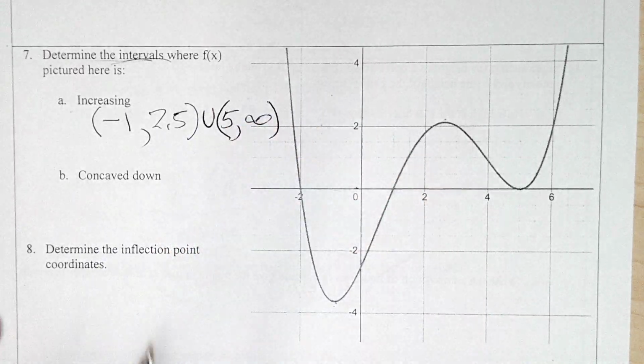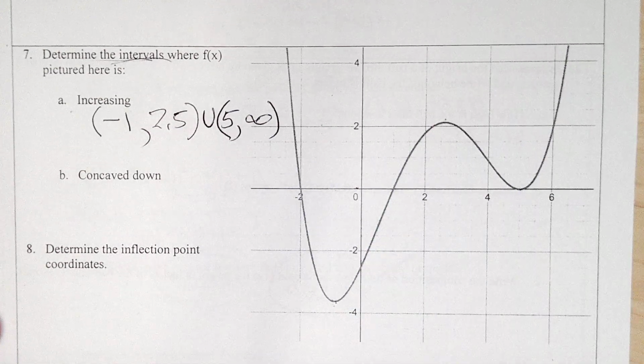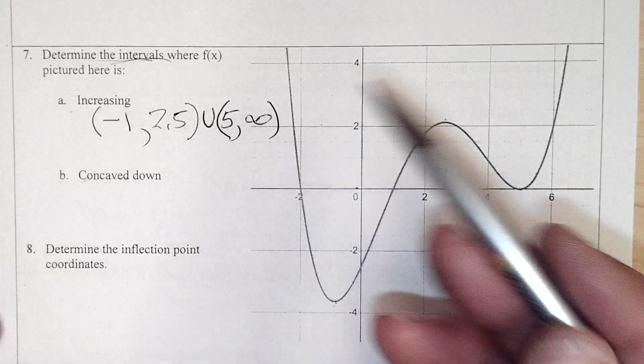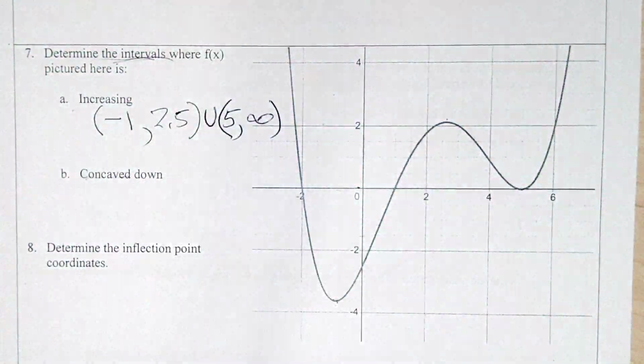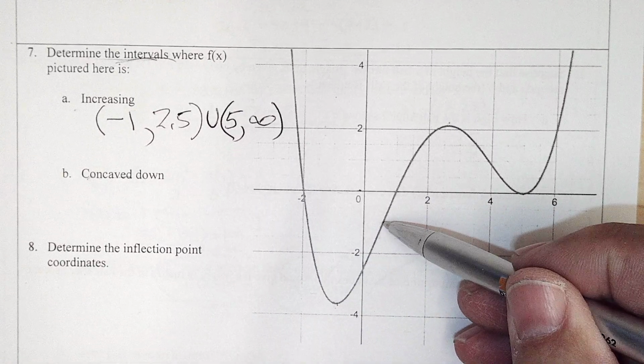And those are the two intervals where this function is increasing. When is it concave down, curved so that the cave is facing down? Well, this is facing up until about there.